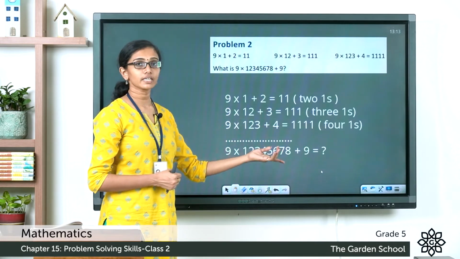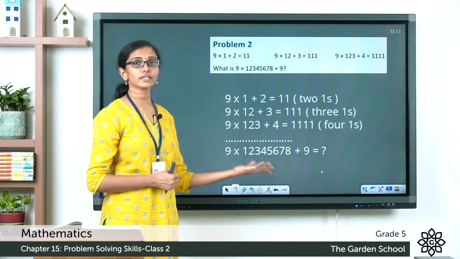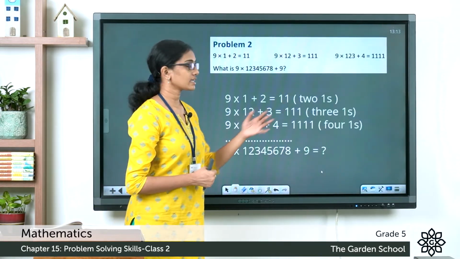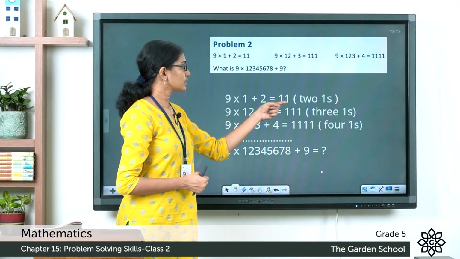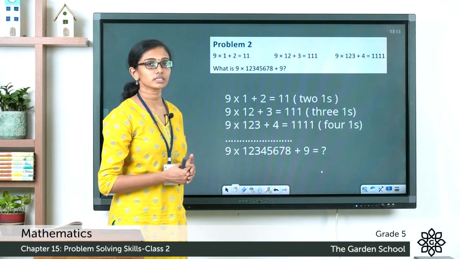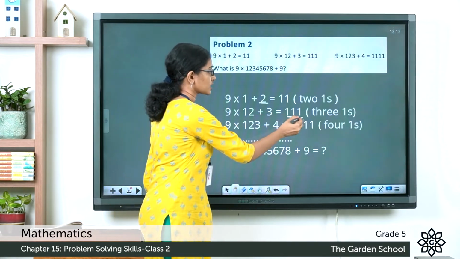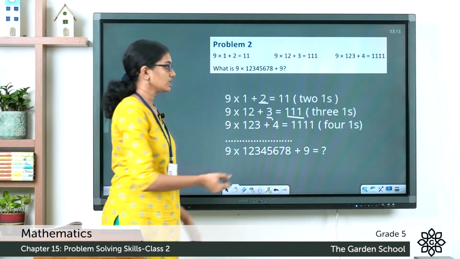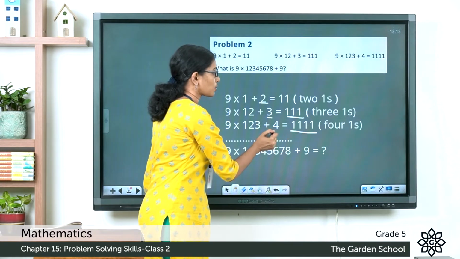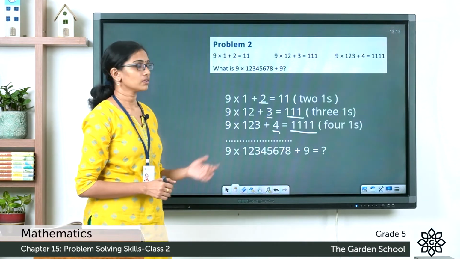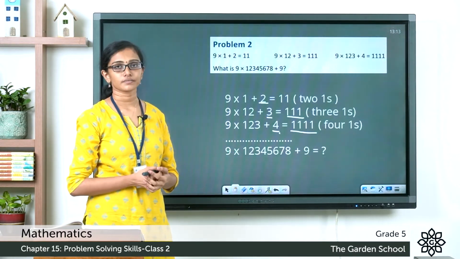Here the numbers are increasing: 2, 3, 4 and so on. And when you look at the answer, you see there are 2 ones corresponding to this number 2, and here there are 3 ones corresponding to this number 3. Here there are 4 ones corresponding to this number 4. So you see there is a pattern.